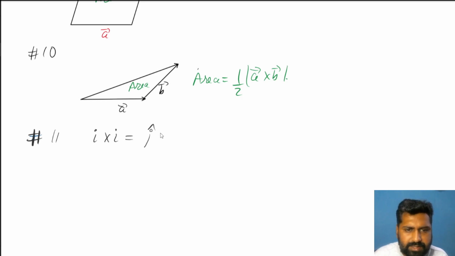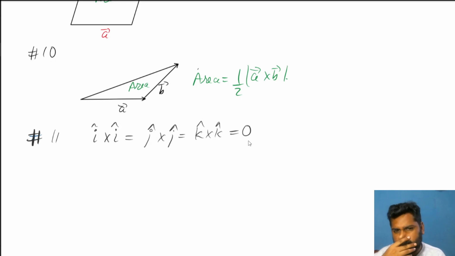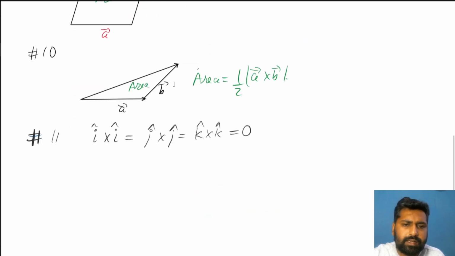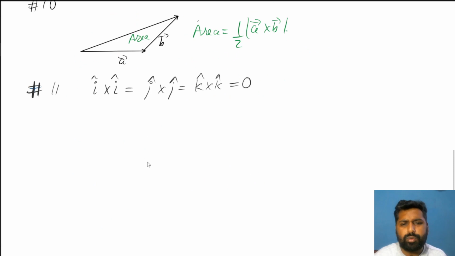They are the same as j cross j, the same as k cross k, and they are 0. Reason: a cross a is 0. So whether it's i, j, or k, everything is 0. As long as you have two same vectors, the cross product is 0.